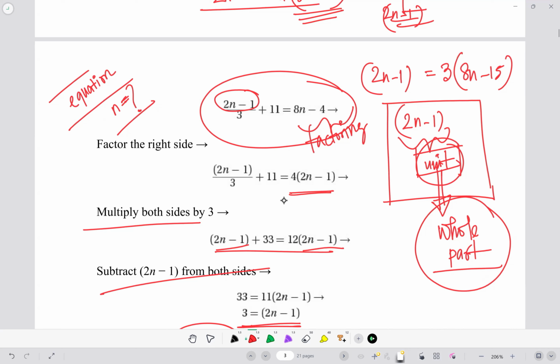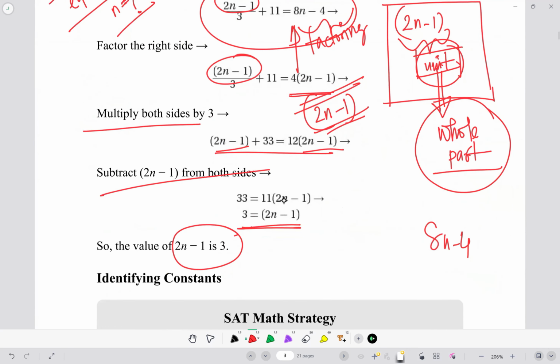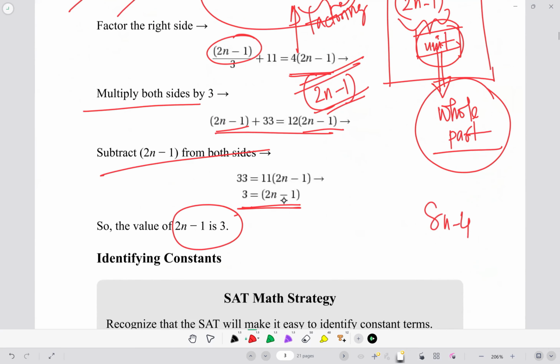Yeah, reverse the steps, because we need to look at 2n minus 1. So to make it look like 2n minus 1, in the next step, 8n minus 4. So just reverse it.